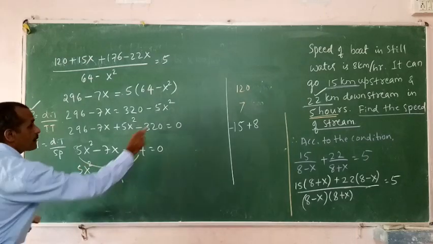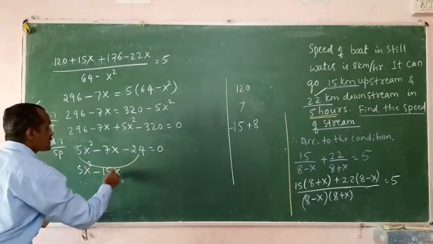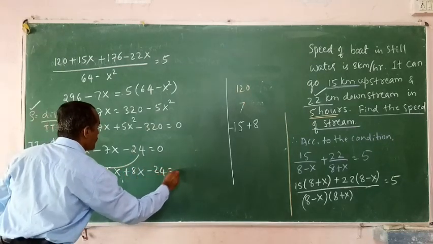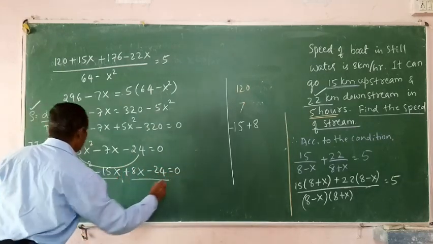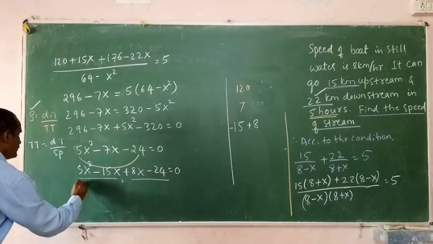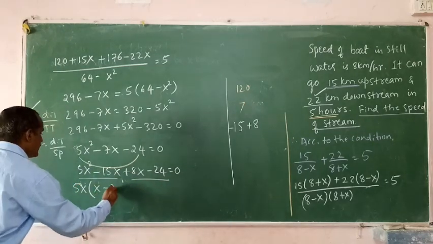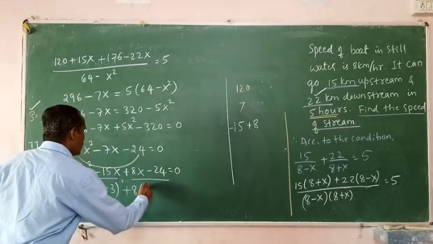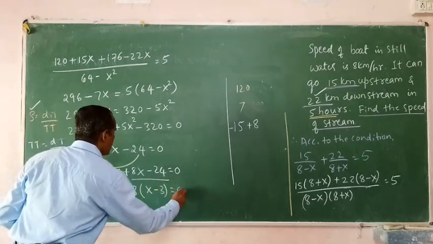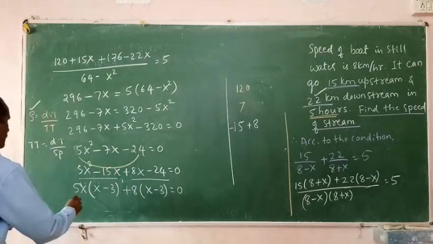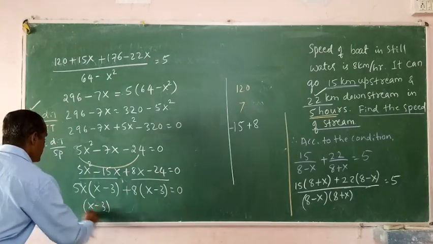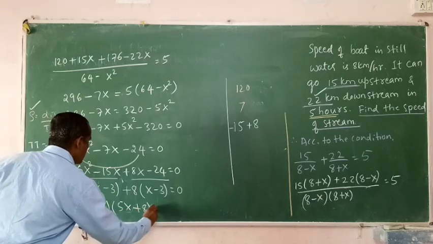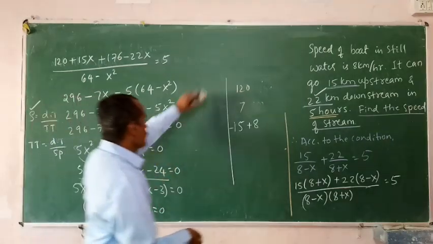5x square minus 15x plus 8x minus 24 is equal to 0. 5x common into bracket x minus 3 plus 8 into x minus 3 is equal to 0. x minus 3 into 5x plus 8 is equal to 0.